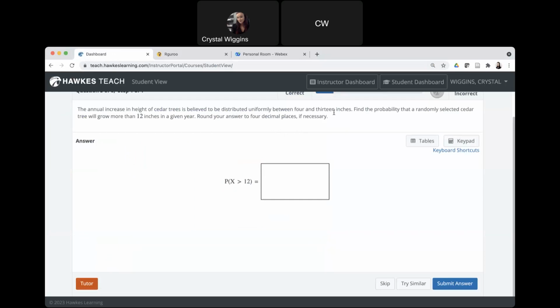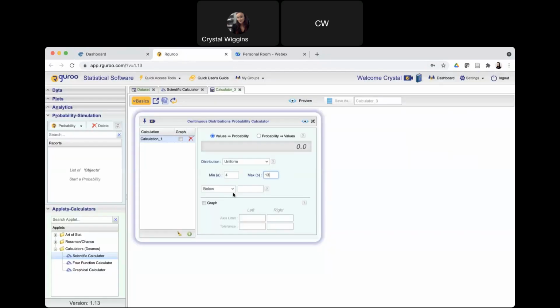So that's your A and B. Recall back to the picture that A and B needs to be identified to calculate the overall height of the rectangle, but the width has to do with what the probability is that you're calculating. So greater than 12, I need to select above and type 12 in here.